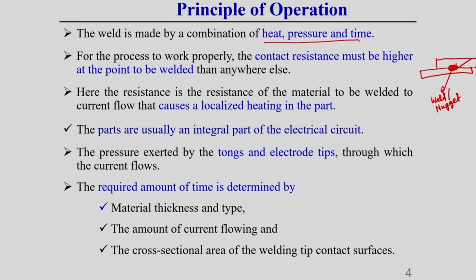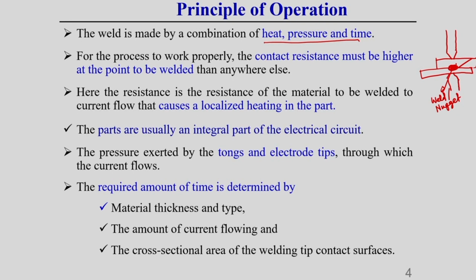Here the resistance is the resistance of the material to be welded to current flow, which causes localized heating in this part. In resistance spot welding, generally the current flows from an electrode, generally on both sides, as you can observe. I will discuss this in detail in a subsequent slide.